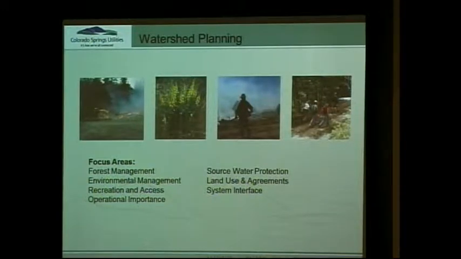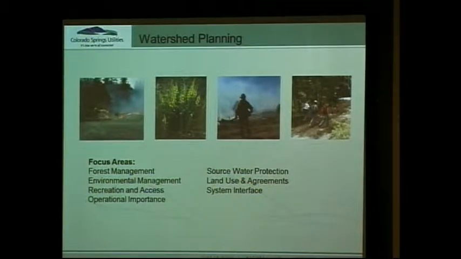We do address recreation and access. We have over 20,000 acres of municipal watershed lands, and about 15 of those are open to public use. And so are the 25 or so reservoirs that we gather water from. And so this is also an impact to the water supply and quality.